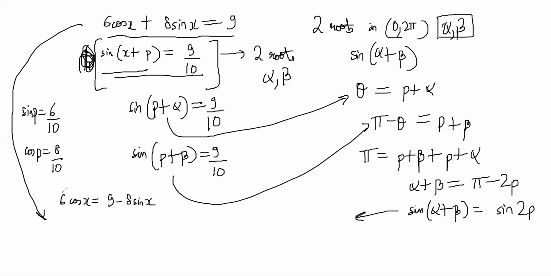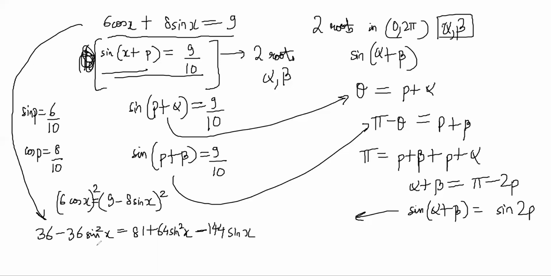Square it, and convert cos square to sine square. 36 minus 36 sine square x is equal to 81 plus 64 sine square x minus 2 into 8 into 9, so 144 sine x. So you get 100 sine square x minus 144 sine x plus 45 is equal to 0.